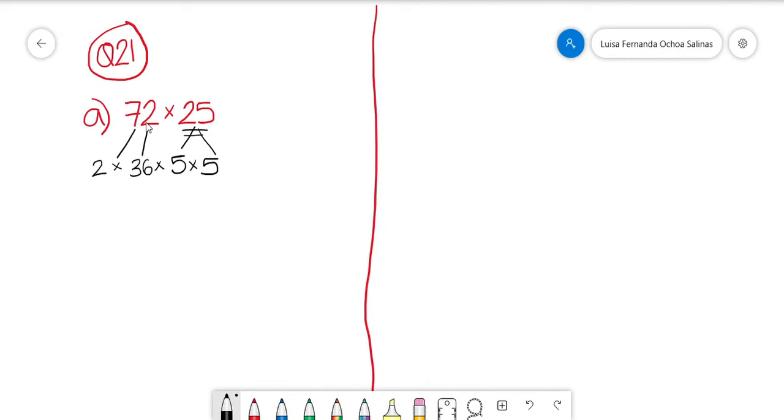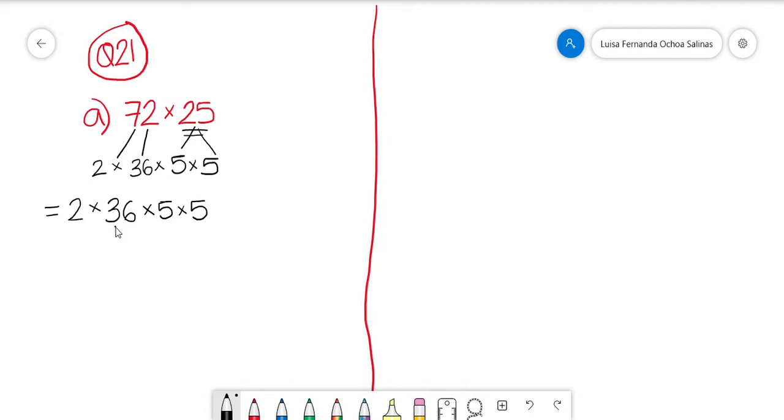So basically what I'm saying here is instead of writing 72 times 25, I can write 2 times 36 times 5 times 5. But that is not making my life very easy at the moment. So I'm going to keep factorizing 36.